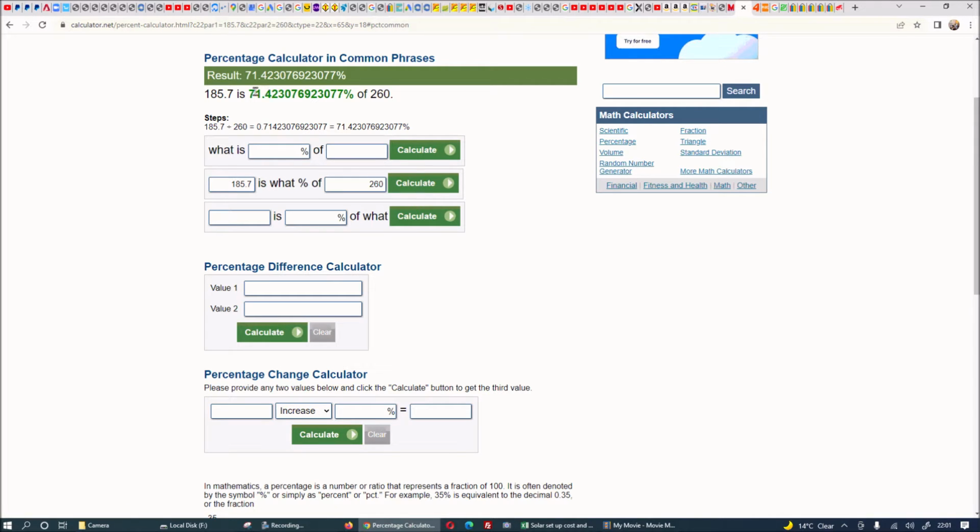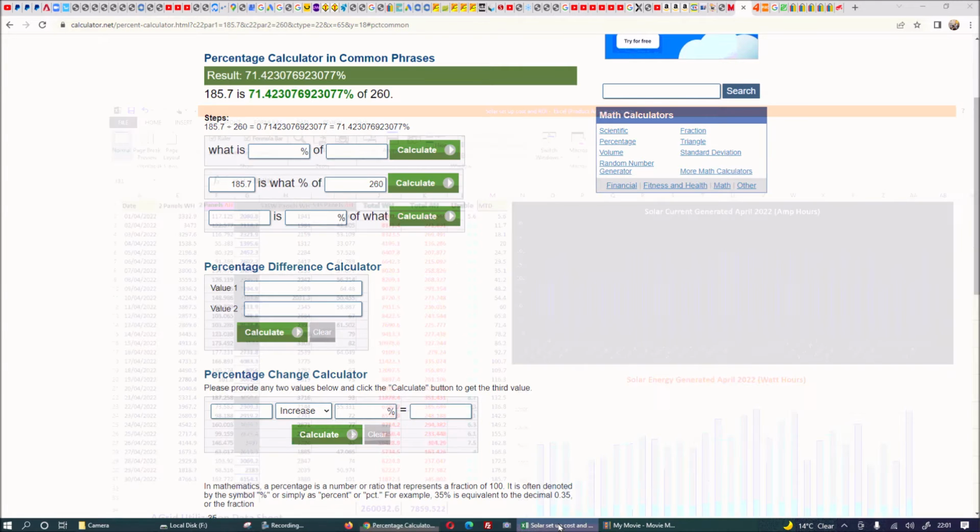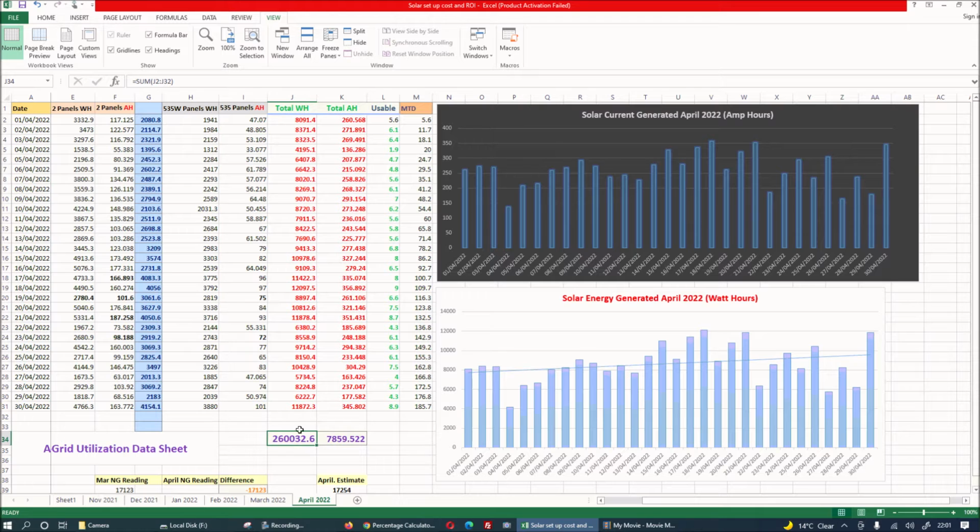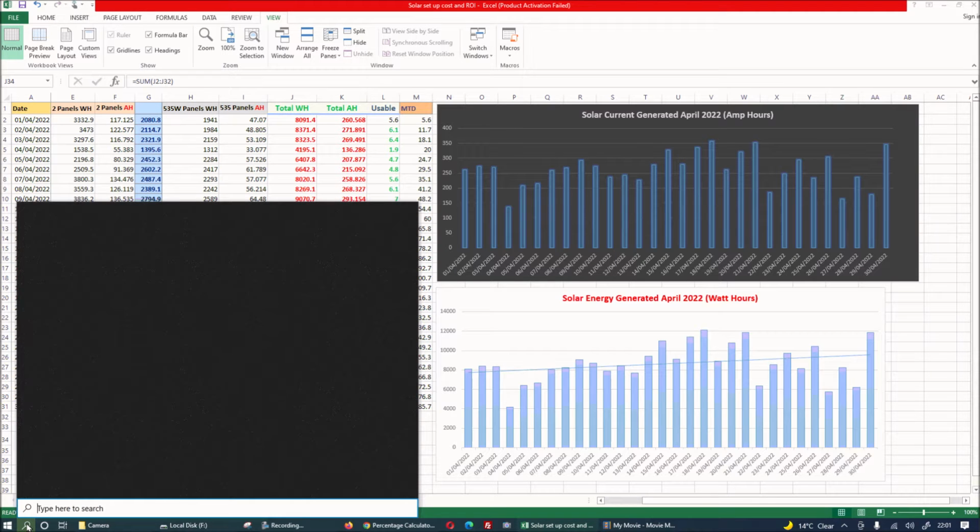That's around 71.4 percent of all the total energy generated from the solar panel, so I've only used about 70% of it. Now, what happened to the rest of the energy? Well, let me bring up the calculator as well.